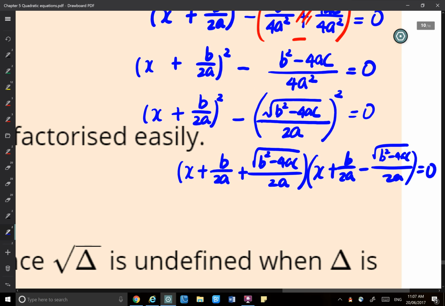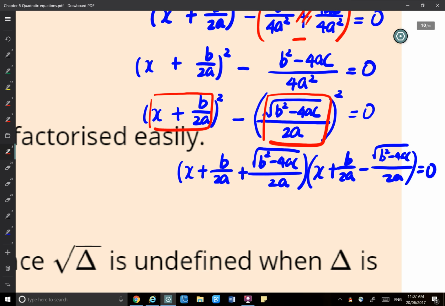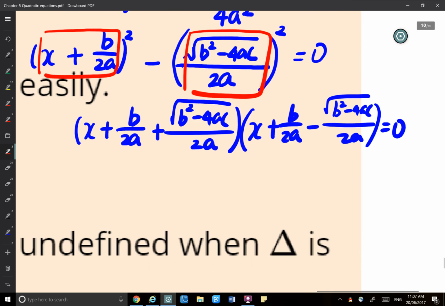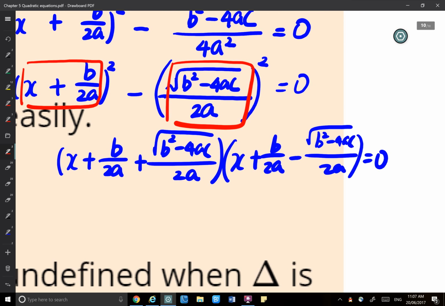A plus b, a minus b, right? That plus that, and that minus that. So it's either the first bracket to be 0 or the second bracket to be 0.